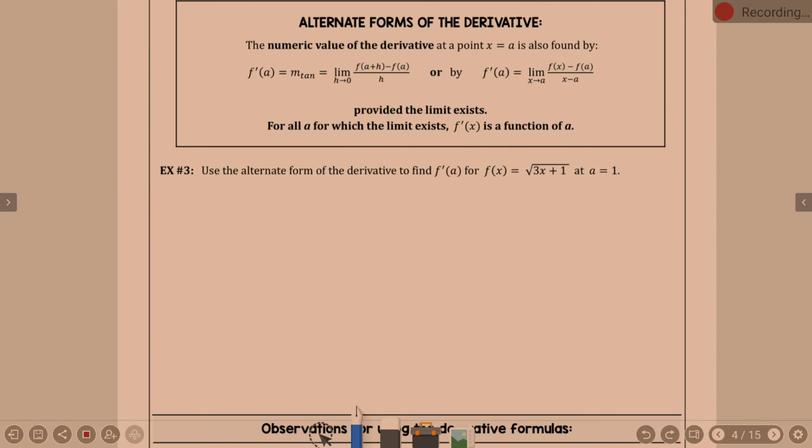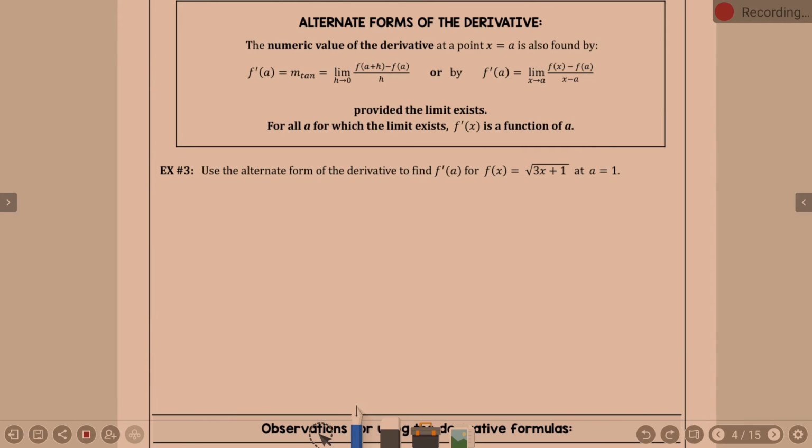This is what we just did, isn't it? Except this is saying if you want to find it at a specific point, you can go ahead and put the a value in. Kind of like what we did in homework, yes? You guys had good homework questions because that's what we did when we plugged the 9 in, wasn't it? Mm-hmm.